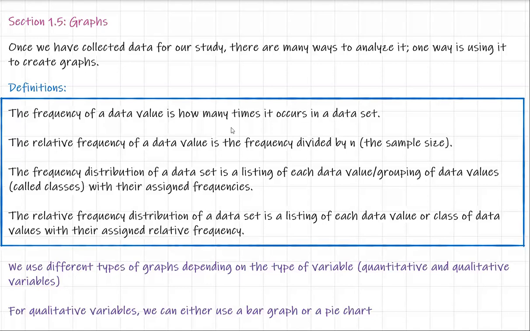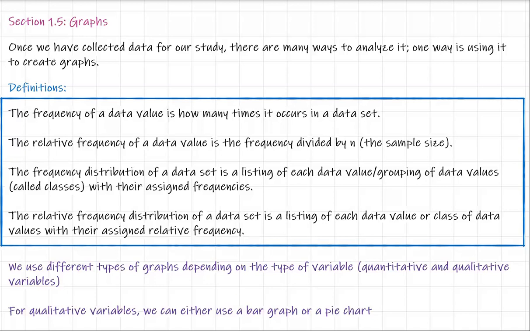And now we have our data, so we need to analyze it. In chapter 2, we're going to talk about how to do some numerical analyses on it. By that, I mean using our sample statistics to make estimates about population parameters, etc. But for now, in section 1.5, we're going to see how we can organize our data into graphs to make conclusions about the data that we've gathered.